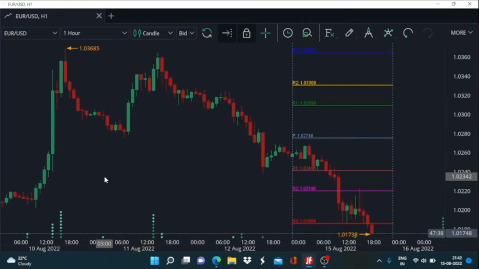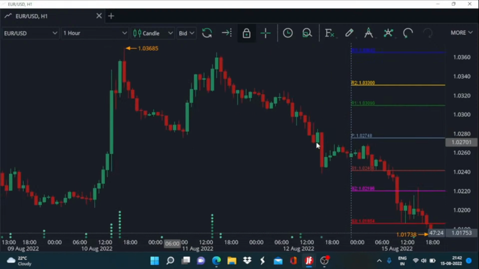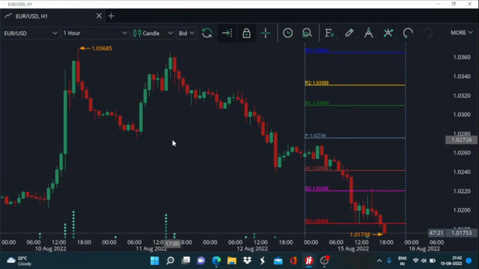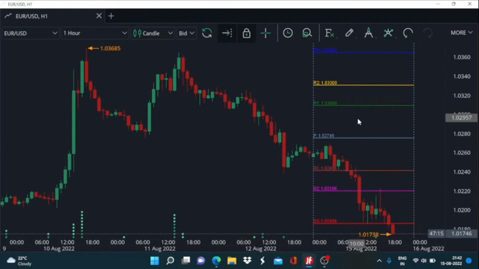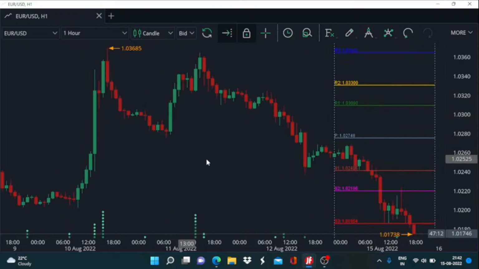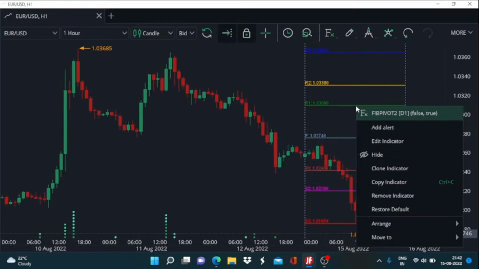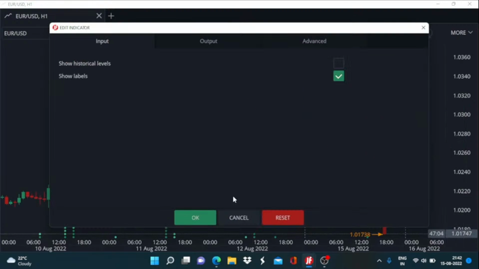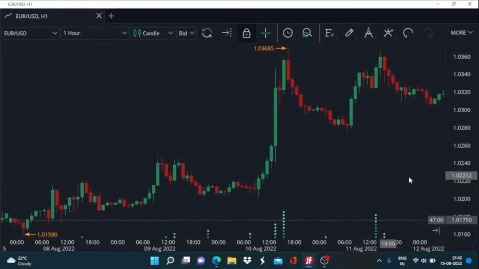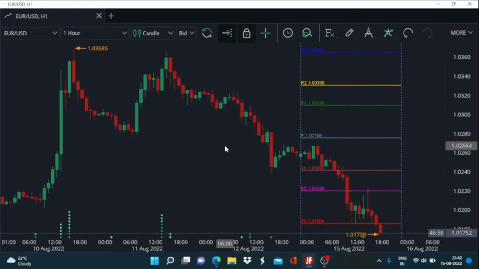Now we will be getting the historical levels on the chart. There is some laptop issue. My laptop is facing some technical issue, because of that it is taking time. Otherwise the platform is fine, quite fast and responsive. Okay, show historical levels, it should be plotted.